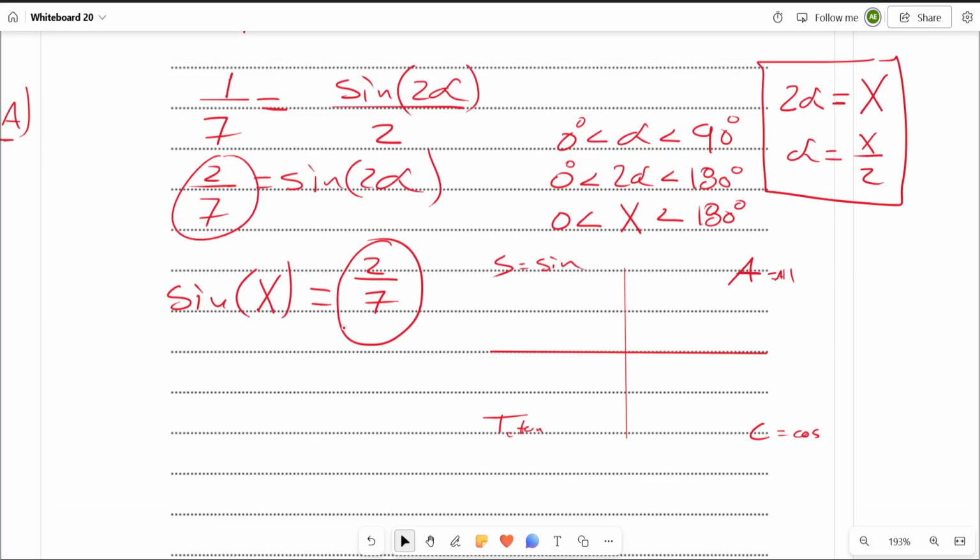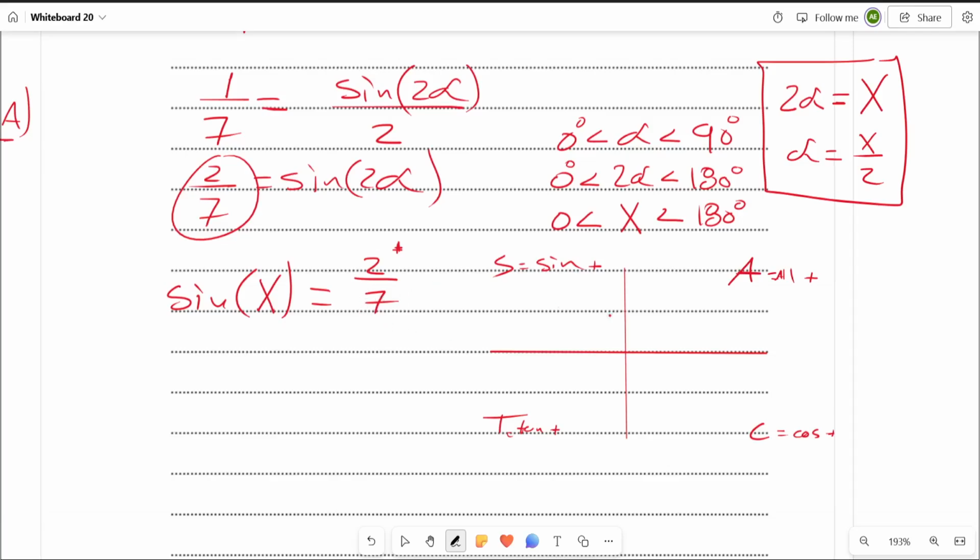Is it a positive number or is it a negative number? Here it's a positive number, right? So I need to find the quadrants where sine is positive. We have 4 quadrants. All stands for all positive. Sine stands for sine is positive only. Tan, here only tan is positive, and in this quadrant only cosine is positive.